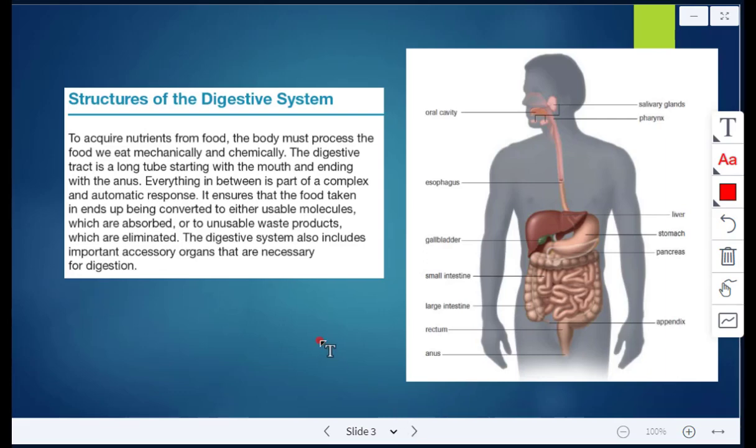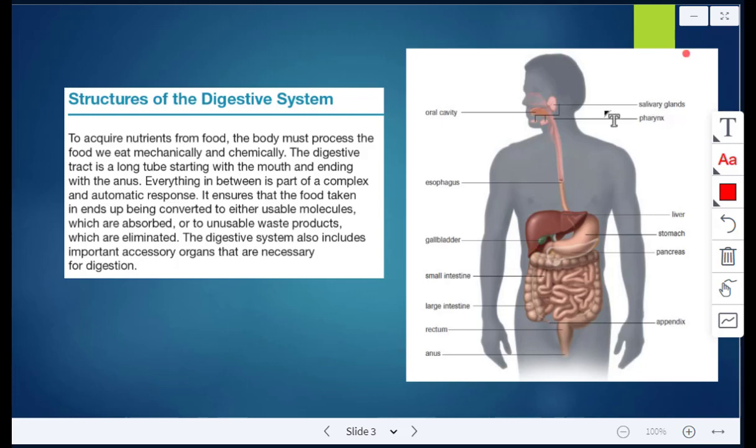All right, so firstly, we have to know the structures of the digestive system. So we acquire the nutrients from the food we eat, and then the body must process the food we eat mechanically and chemically. So the digestive system, or the tract, is a long tube.